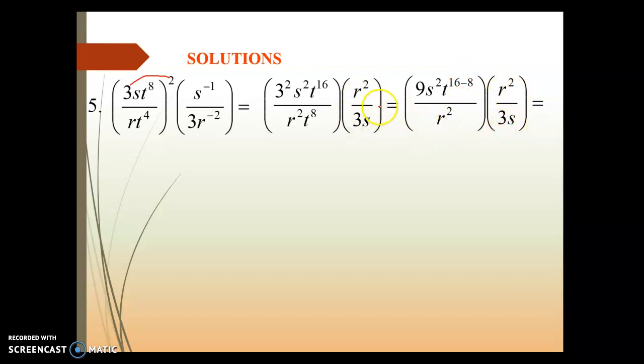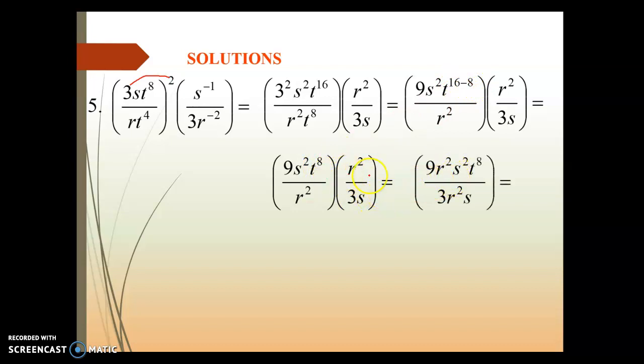Okay, just copy this one. The next is 9s squared t to the 8. After you subtract the exponent, you get 16 minus 8. That's 8. Just copy the rest. And then you combine this thing here. After combining, you get 9r squared s squared t to the 8 over 3r squared s.